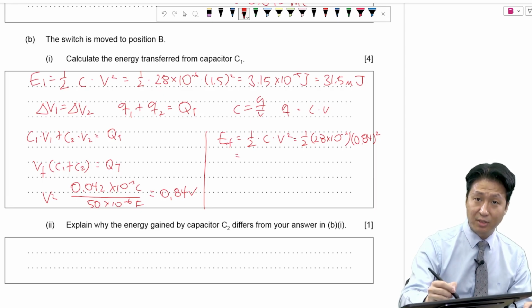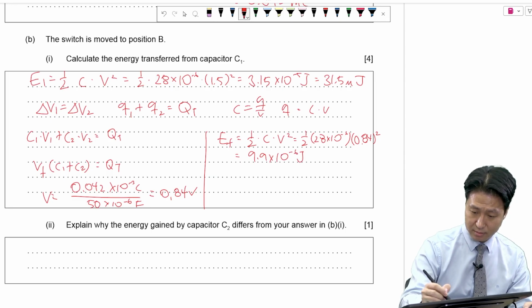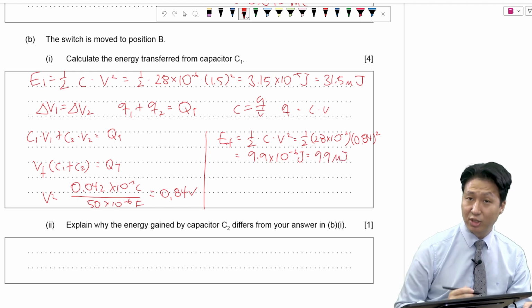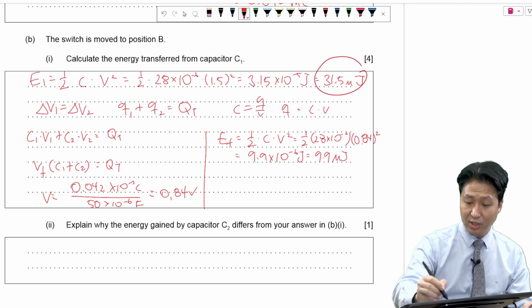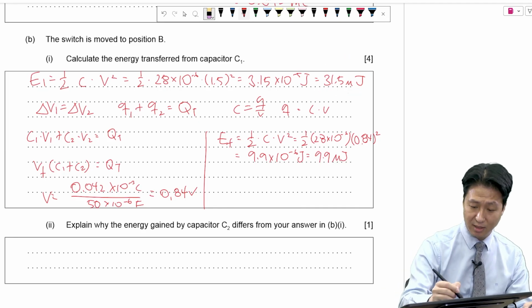And this would leave us with about 9.9 times 10 to the negative 6 joules, being 9.9 microjoules, which makes it easier to subtract the initial minus the final, giving us the amount of decrease. So the energy lost would be about 22 microjoules.